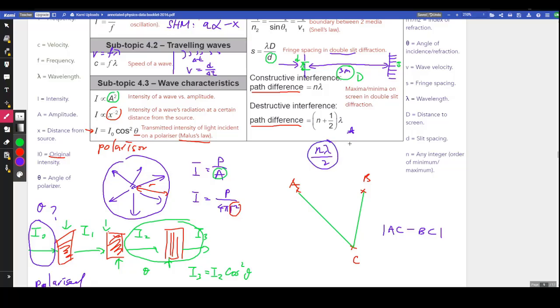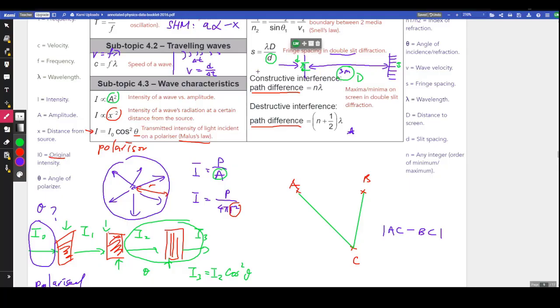Because this is referring to basically 0.5, 1, 1.5, 2.0, 2.5, etc., basically all sorts of interference. So you should never use this expression n lambda over 2. You should either use n lambda or n plus half lambda instead.